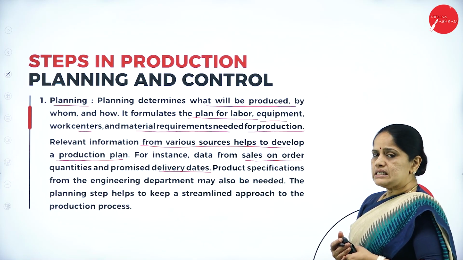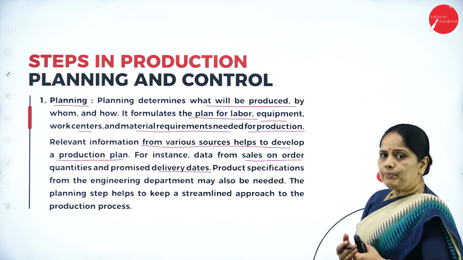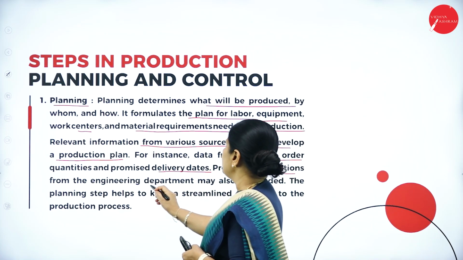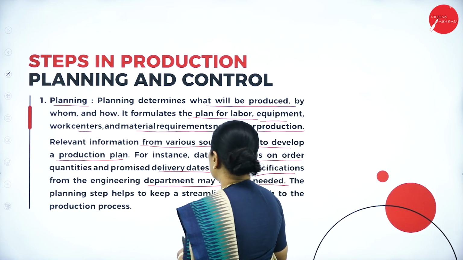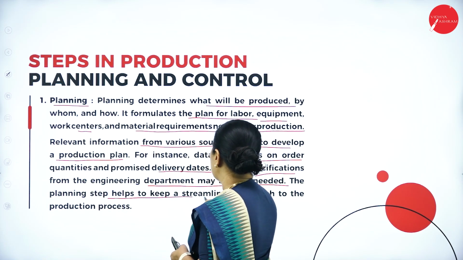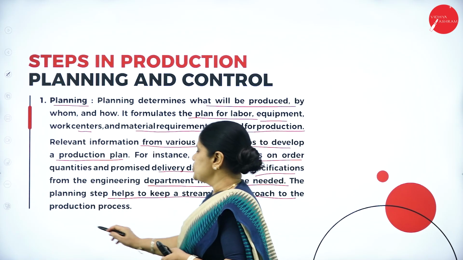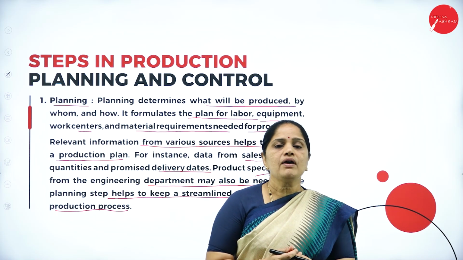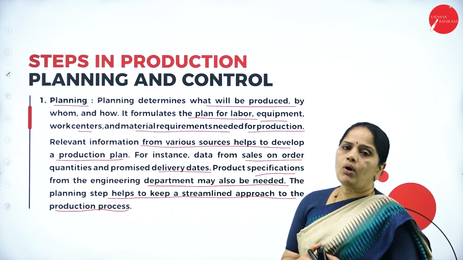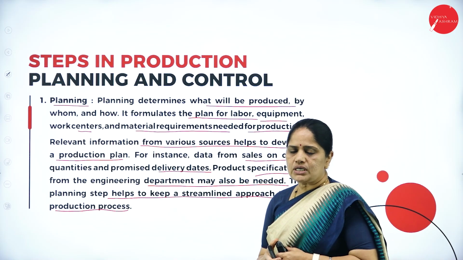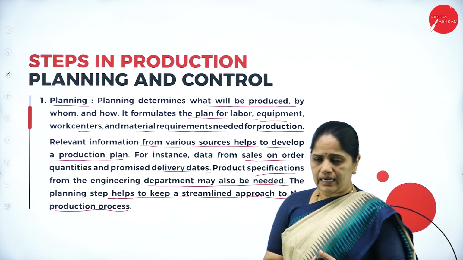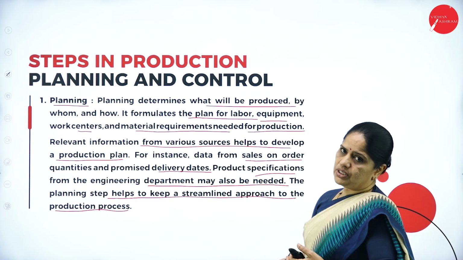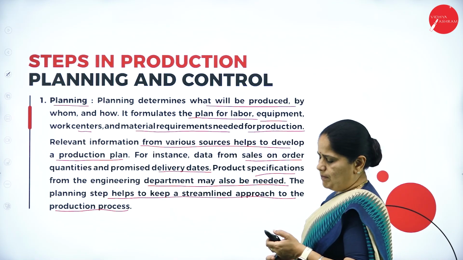If we can know this, then we can have a proper production plan based on that. Product specifications from the engineering department may also be needed. The planning step helps to keep a streamlined approach to the production process. With the help of the planning step, we will be able to know what product we are producing, and also we can see that there is a flow of production with the help of the production plan.